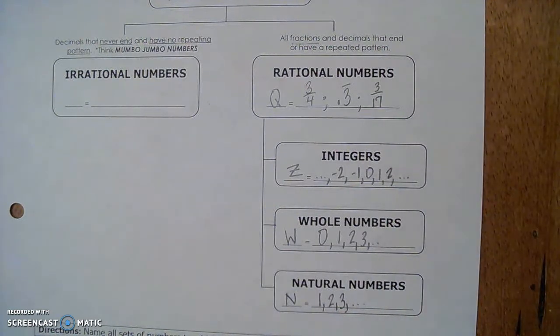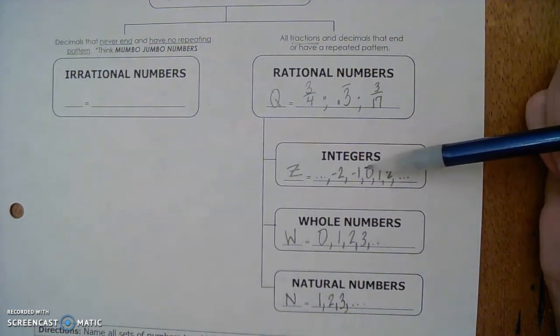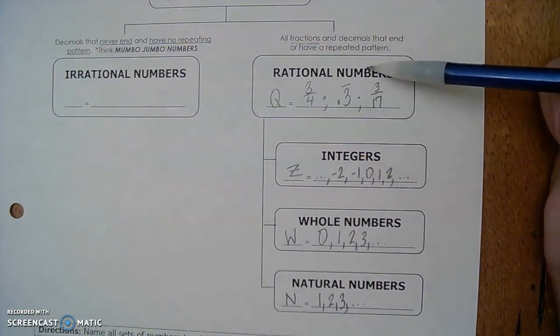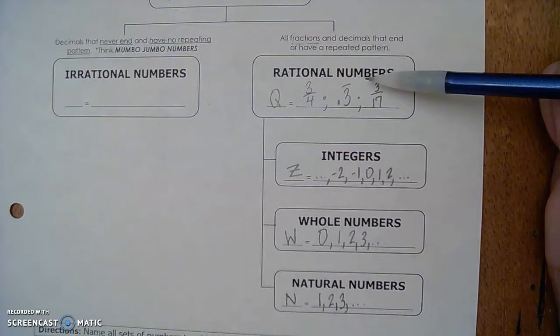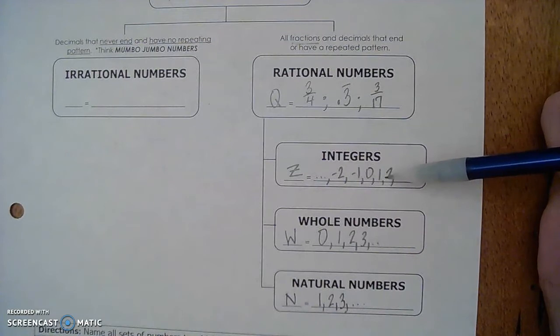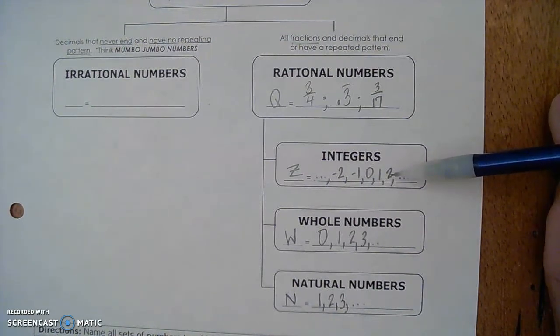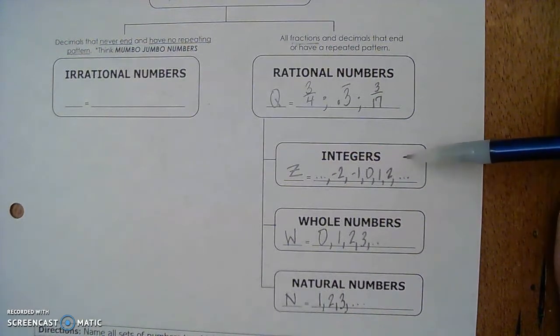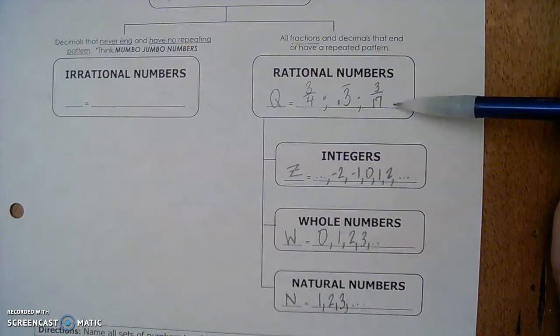Now, later we're going to classify numbers, and here's what you need to know. If a number is an integer, that also means it's a rational number. Now you can say these aren't fractions or decimals, however, you can write these as 2/1, 3/1, so on and so forth. So we don't have to write it as a fraction, but we can.